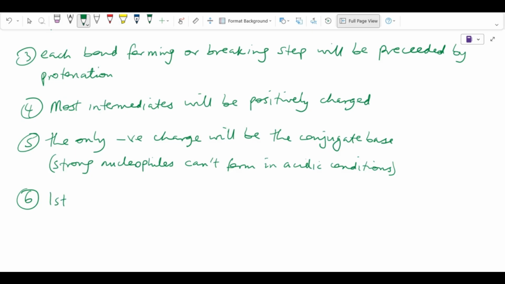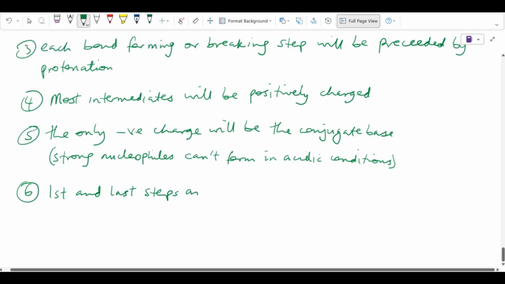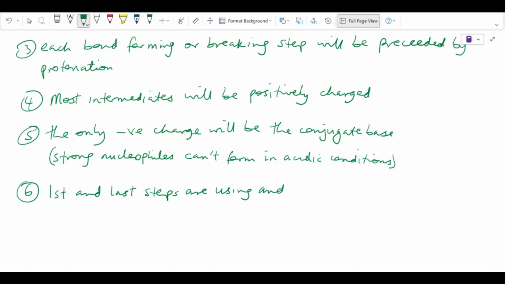So the first and last steps are using and reforming the catalyst. In the first step, you use the catalyst. In the last step, you reform the catalyst.